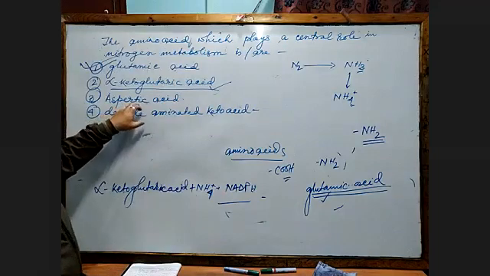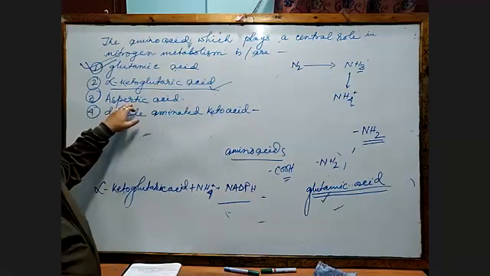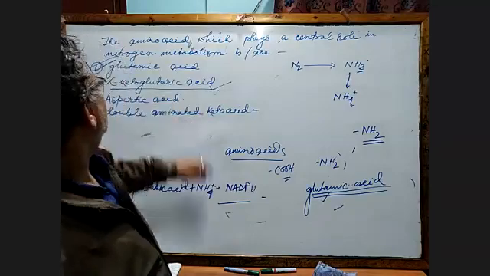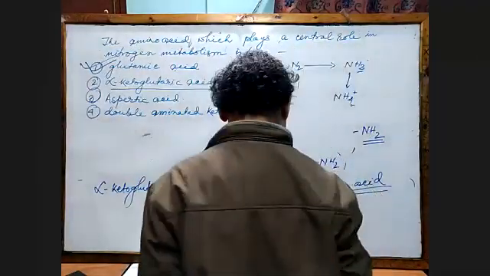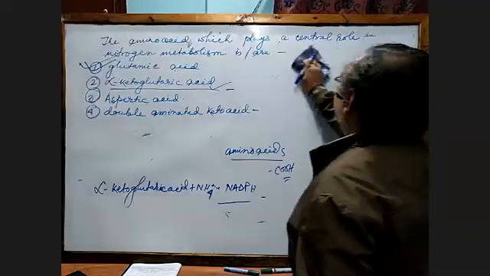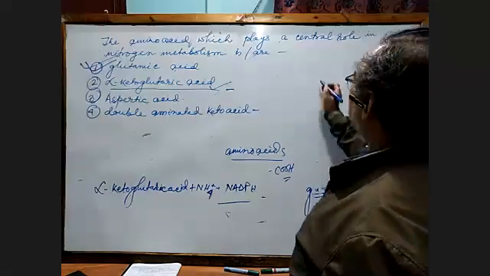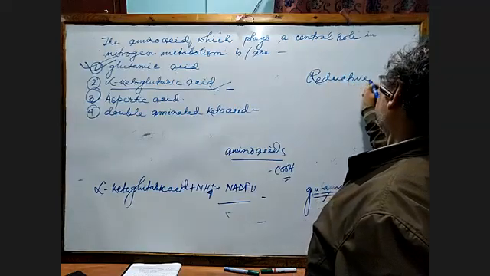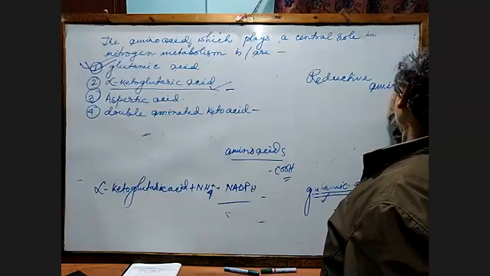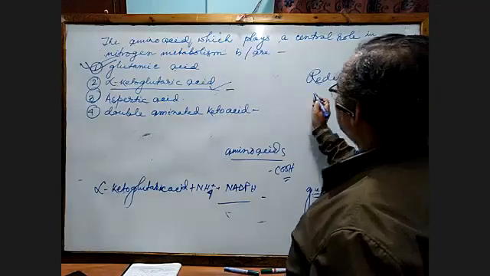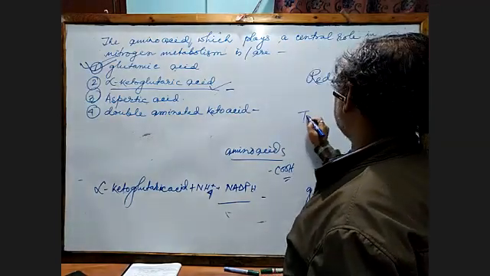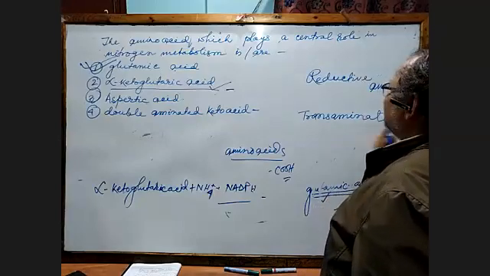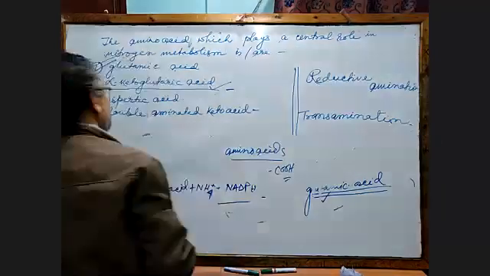Aspartic acid is another amino acid. These double aminated ones are actually amides.